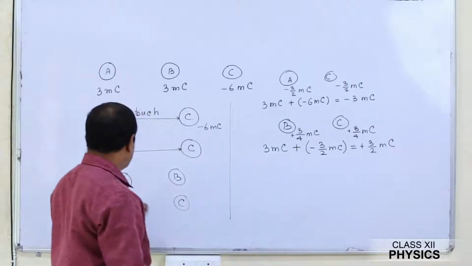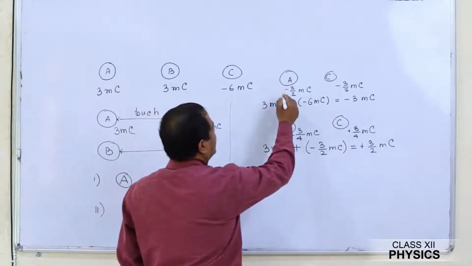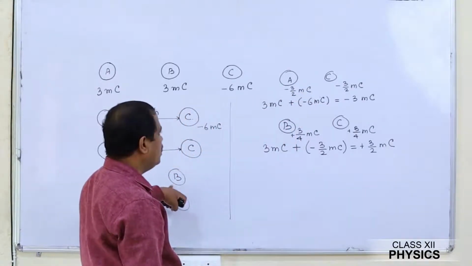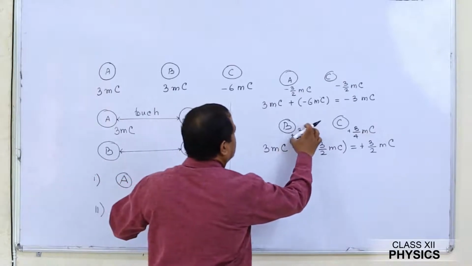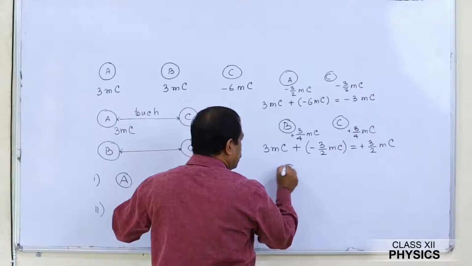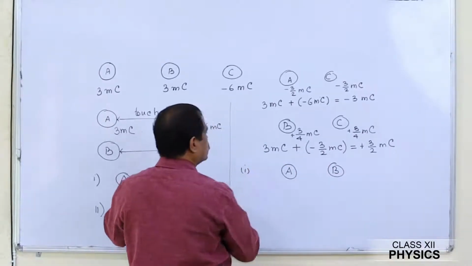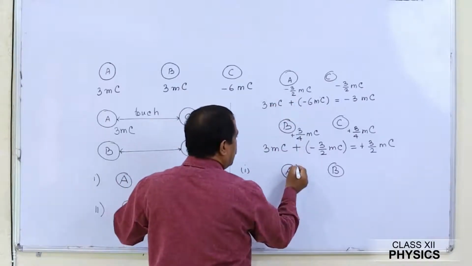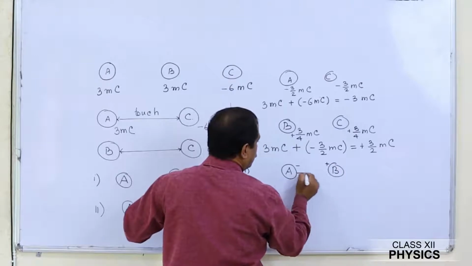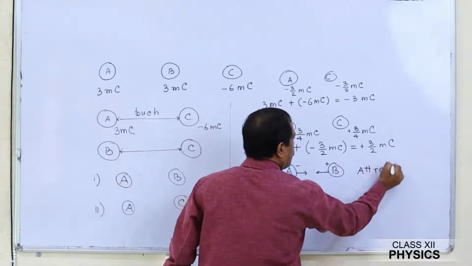Now coming back to our question, A and B are held together. This time, A has a charge of minus 3 by 2 millicoulomb and B has a charge of plus 3 by 4 millicoulomb. So when A and B are held together, A has a minus charge and B has a plus charge, and therefore they are going to attract.